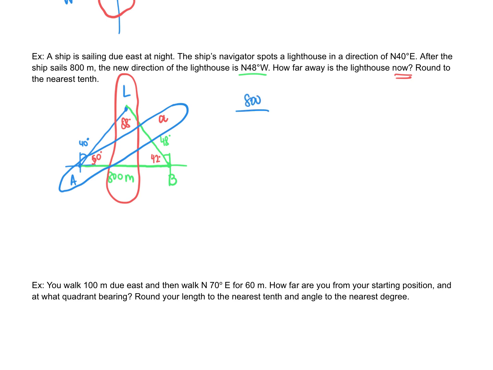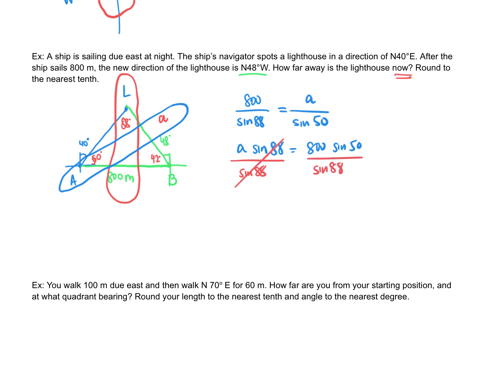So 800 over sine 88 equals a over sine 50. We're going to cross multiply, and we're just solving for a side, so no sine inverse here. Just going to be dividing out what we don't need, and we don't need sine 88.